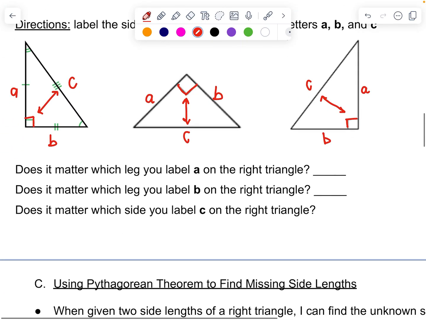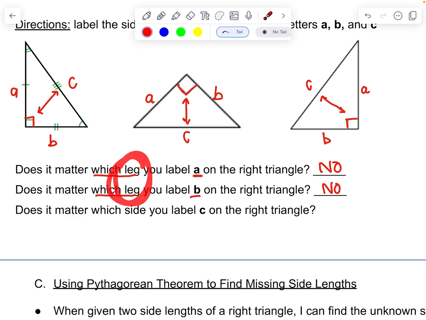Okay, does it matter which leg gets A? No. Does it matter which leg gets labeled B? No. So the legs, only the legs can get labeled in any order.